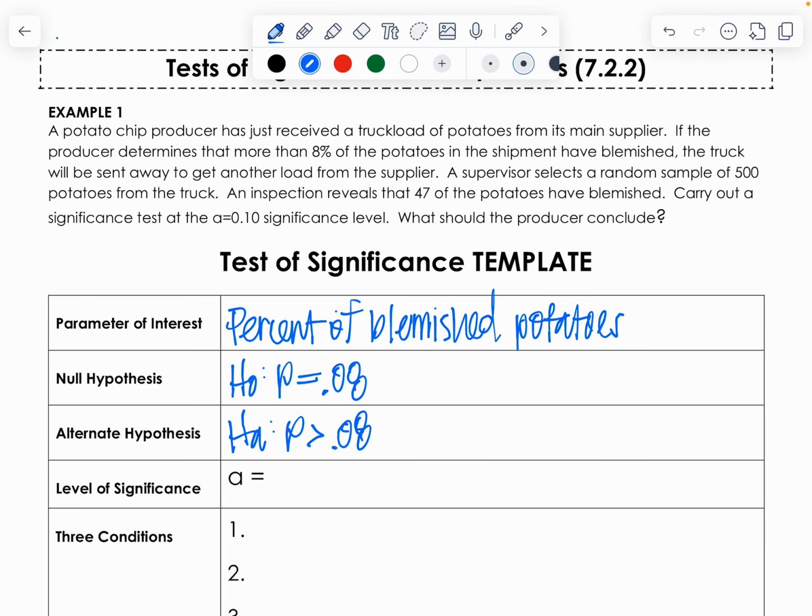All right, our level of significance was given. It's 0.10. Now our 3 conditions. We did do a random sample of 500 potatoes.